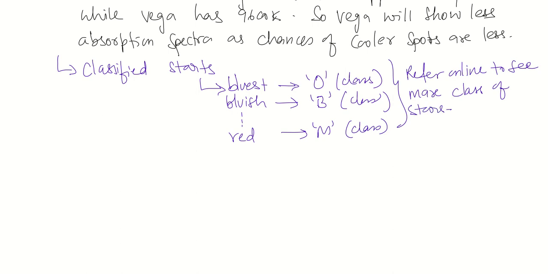Now that's about the stellar spectra and the classes of stars. Because we receive certain colors from the absorption spectra, we have given them names and just classified them into groups.